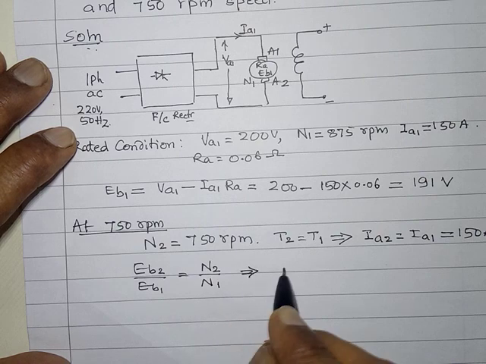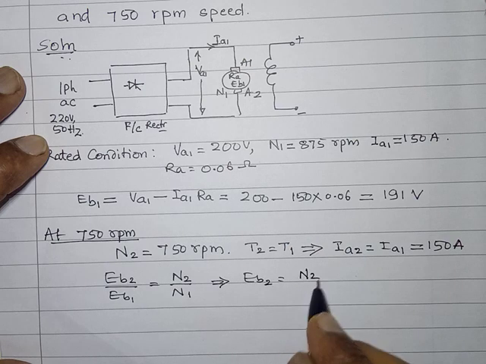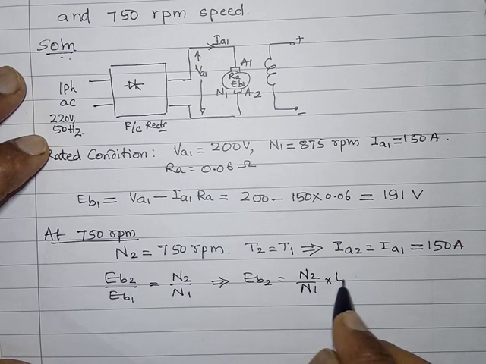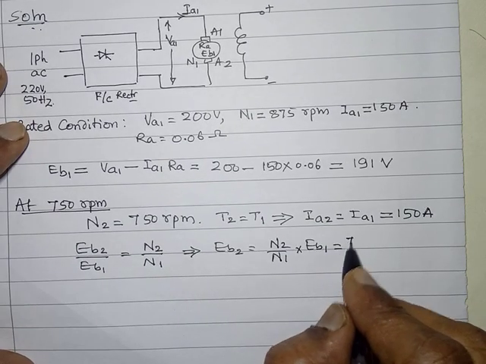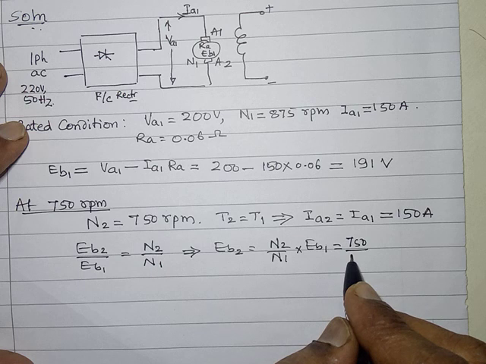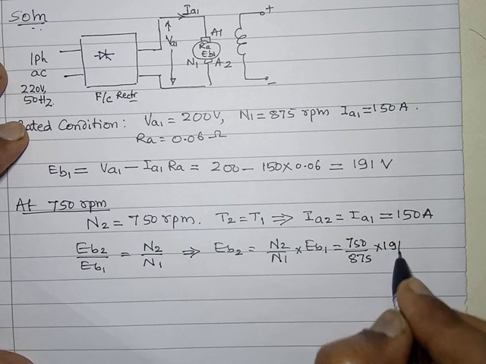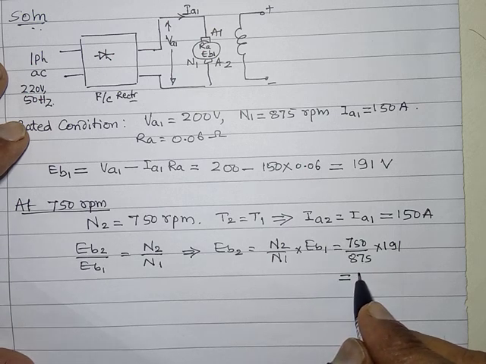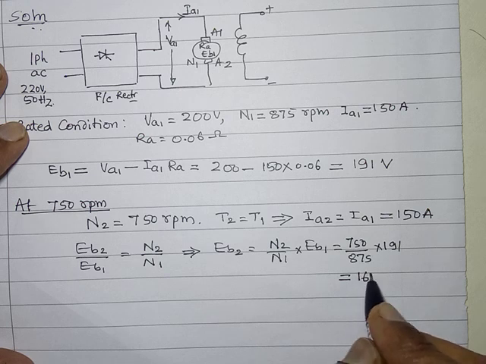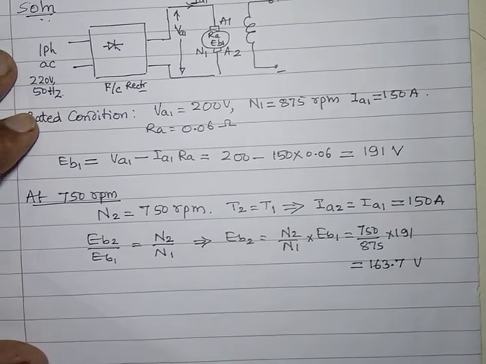Using this I will get EB2 is equal to N2 by N1 into EB1, and I know all these values. 750 divided by 875 into 191. You will get 163.7 volts.